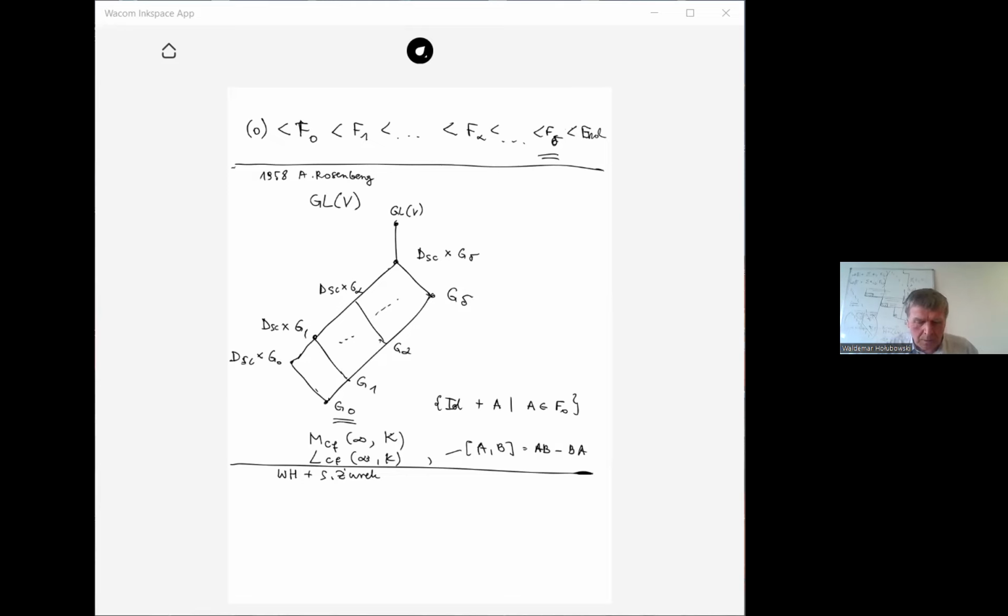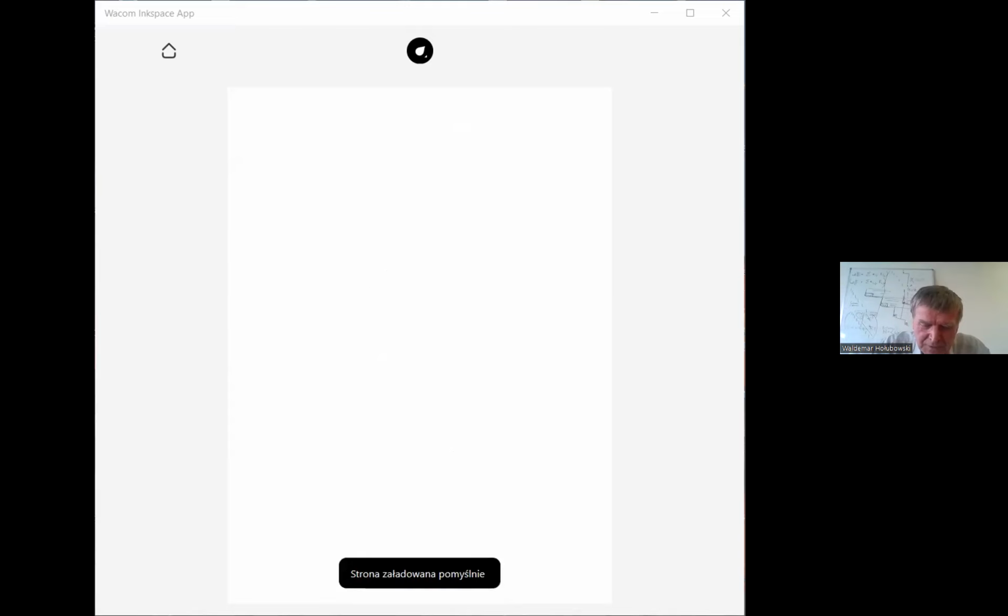And the situation here is much more complicated than in this upper part, if we consider general linear groups, for example, and I will say about it later. And what is the answer? We have GL, the general linear group of infinite by infinite matrices indexed by positive integers over K.